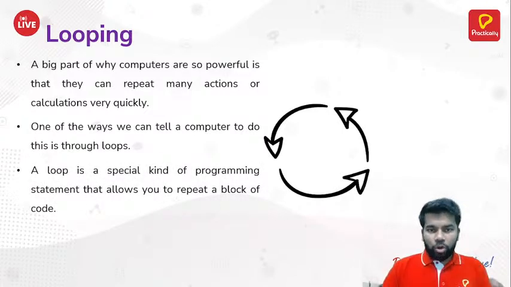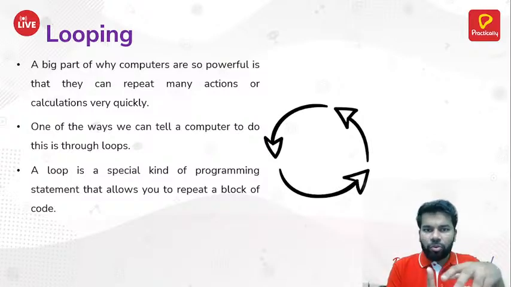So a loop is a special kind of programming statement or block which executes a block of code repeatedly. This is the definition of a loop. Block of code means a set of code.